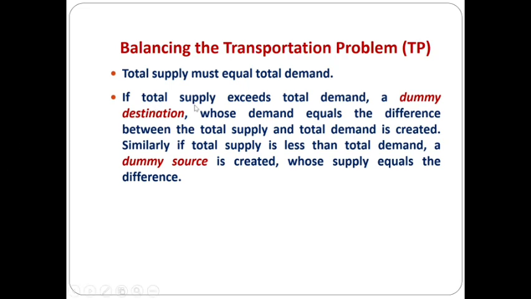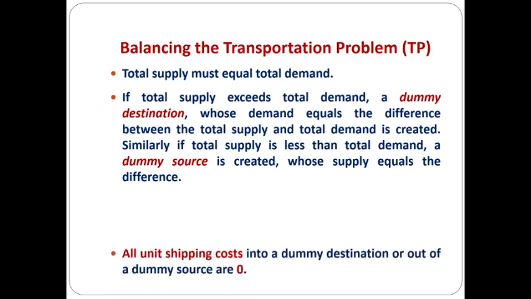If total supply exceeds total demand, a dummy destination whose demand equals the difference between the total supply and the total demand is created. Similarly, if the total supply is less than total demand, a dummy source is created whose supply equals the difference between the total supply and total demand.